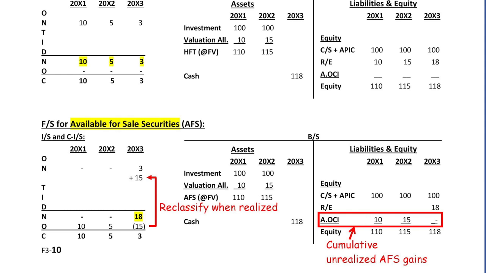The unrealized gains and losses do not get into the income statement. They are parked in accumulated OCI on the balance sheet until the gains or losses are realized, which is when you reclassify to the income statement. So guys, unrealized gains and losses from available for sale securities go into OCI, accumulated OCI. The moment it's realized, that's when it goes into the income statement.